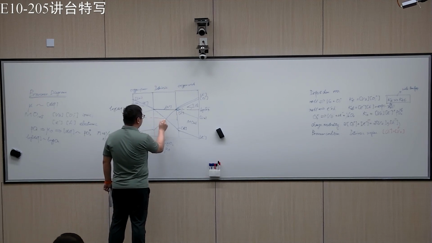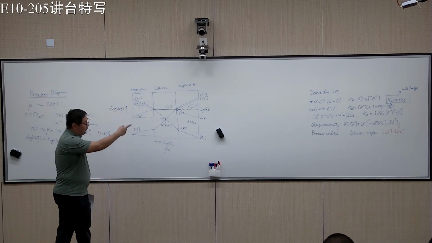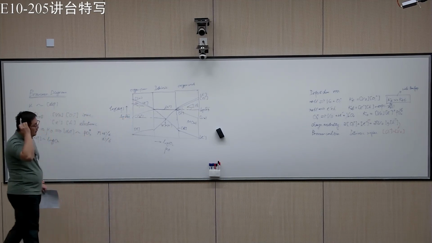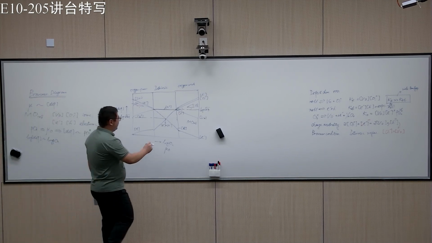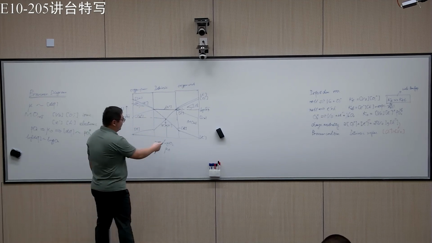For example, here we have electrons the same as holes. Then we put into that equation here, we know that this part is logarithm square root KEL, okay. And also it's easy to solve for this point.